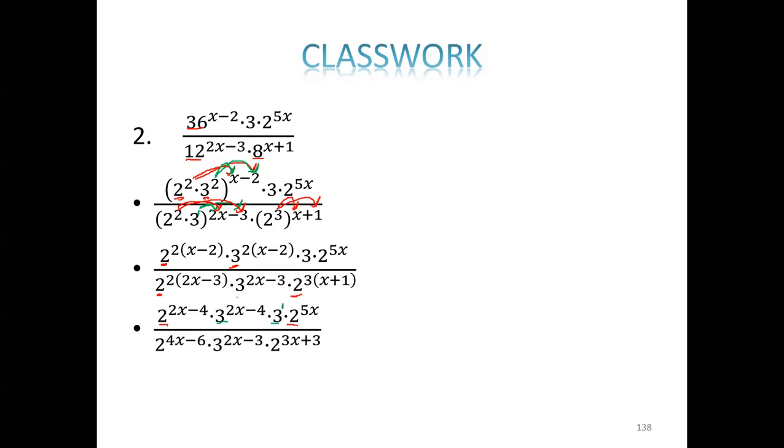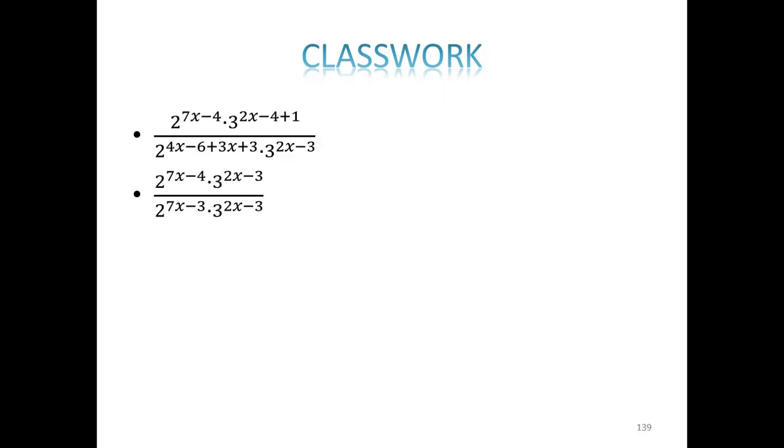In the denominator, I have a base of 2 multiplied by the same base of 2. So I will just add the exponents, which will be 4x minus 6 plus 3x plus 3. And that's what I will have.